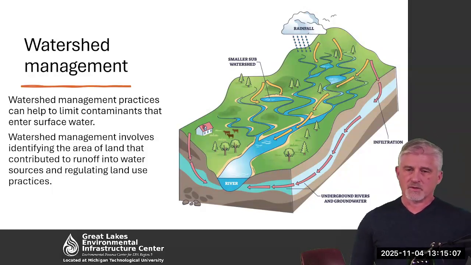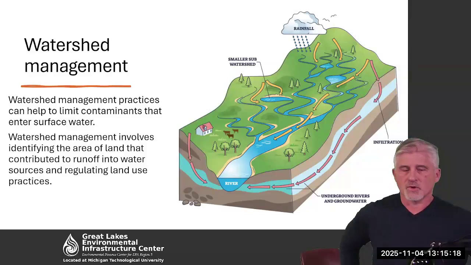So in surface water, we look at watershed management, and that's very similar to a well control area. We want to manage what goes on in the watershed so that we can keep from having contamination and sedimentation and things like that entering our surface water, so that we don't have to deal with treating those and potentially having those go on to our customers.